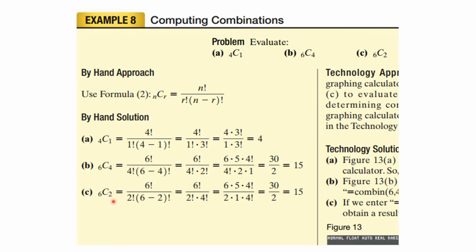Similarly, 6 choose 2 is 6 factorial over 2 factorial times 6 minus 2 whole factorial. You do this first, so this is 6 factorial over 2 factorial times 4 factorial. Now, this is the same number, so we're also going to get 15 for this. And so notice that the number of ways you can pick 4 is the same as the number of ways you can pick 2 not to be in the set.